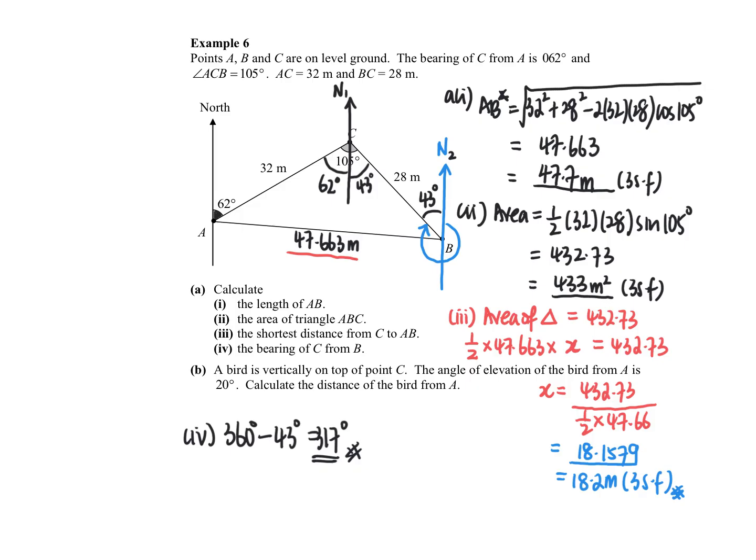Okay, the last one is the angle of elevation and depression. You make your own triangle. So if a bird is flying vertically on top of point C, and the angle of elevation of the bird from A, so I'm going to look up all the way to the bird.